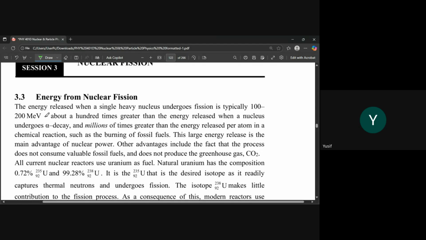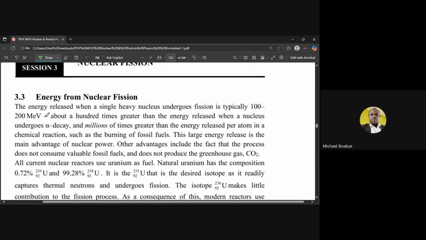So if we burn fossil fuels, the energy that we get is very low compared to the energy produced when an atom undergoes nuclear fission. They are saying the energy is millions of times greater than that produced in the burning of fossil fuels. I don't know if you understand that statement.